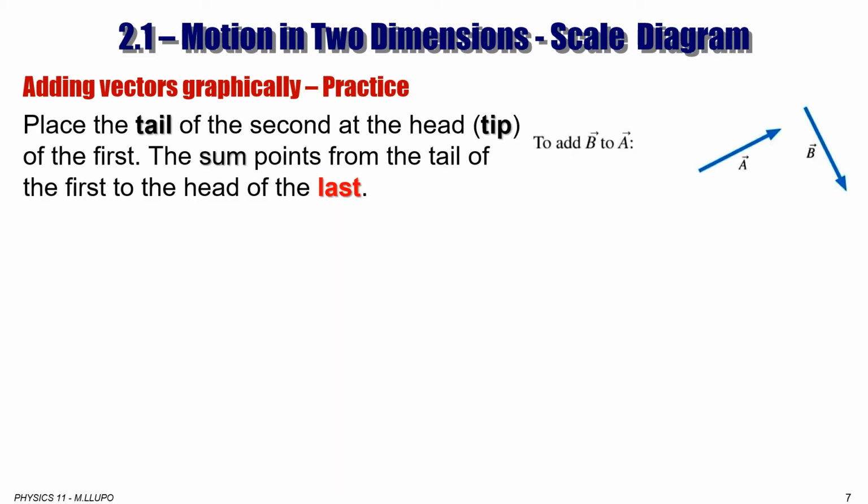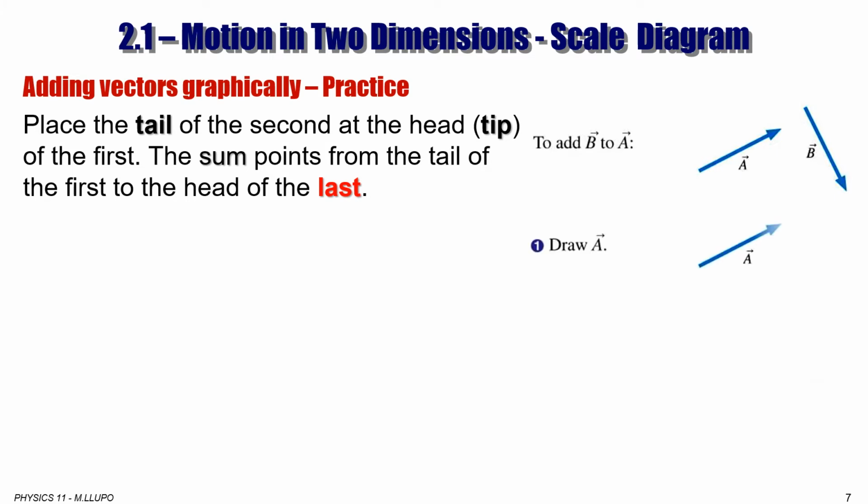Now here's a practice. You place the tail of the second at the head or tip of the first. That's the rule. If you do that, you'll always add vectors correctly. The total or sum has to point from the tail of the first vector to the tip of the last. One more time, you have two vectors, but now they are not starting from the same origin.